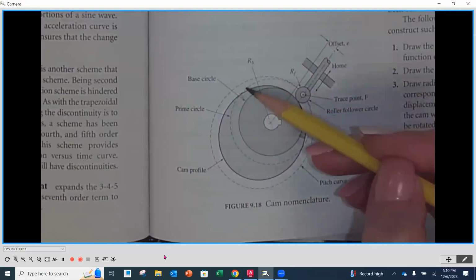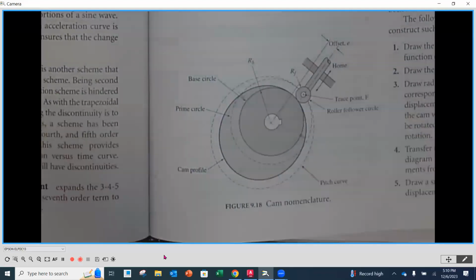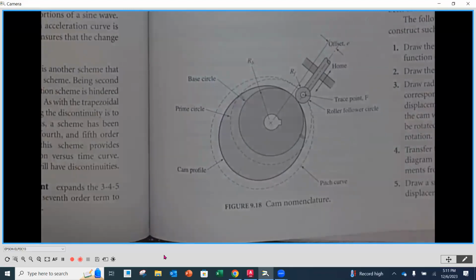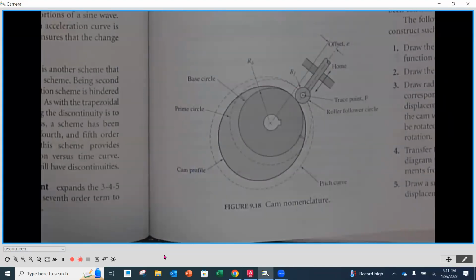Now, as we move around, you're going to notice that there's also a prime circle. In the case of a roller follower, we always mark off that prime circle, which would be the center of where that roller would be if it followed just the base circle and did not move. And then from there, we mark off the differences to where the new follower location would be.